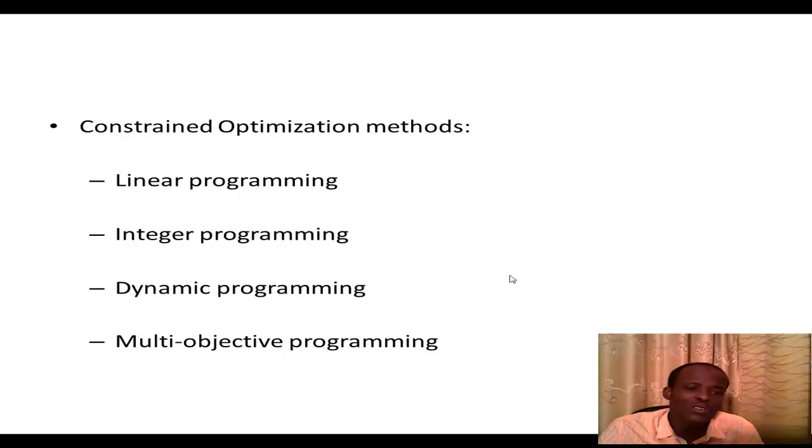We also have the constraint optimization methods. These are usually mathematical approaches to finding out if certain projects that an organization wants to embark upon need some optimization constraints. So we have linear programming, integer programming, dynamic programming, and multi-objective programming.